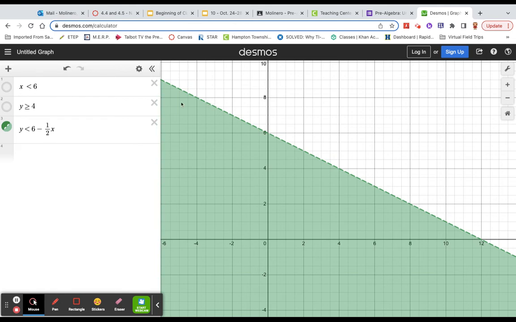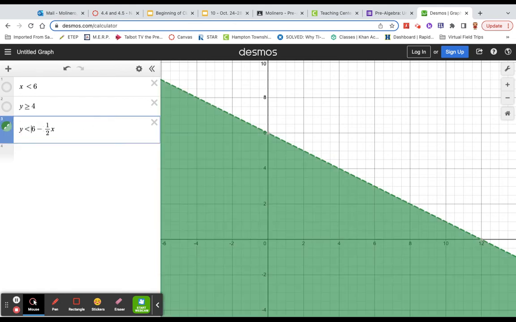We're not saying that that's part of the solution. If you want it to be part of the solution, simply add an equal to, and now we have a solid line. And we can see that the point (0, 6) and the point (12, 0) are both part of the solution space now. When that equal to wasn't there, I go back to the dotted line. I could still click on those points, but I have to recognize that they are not part of the solution space.